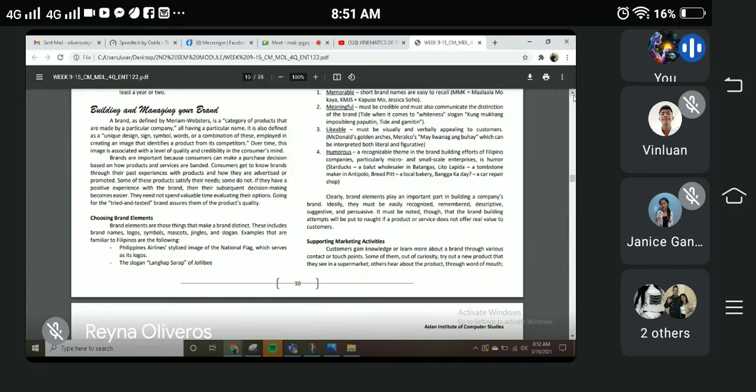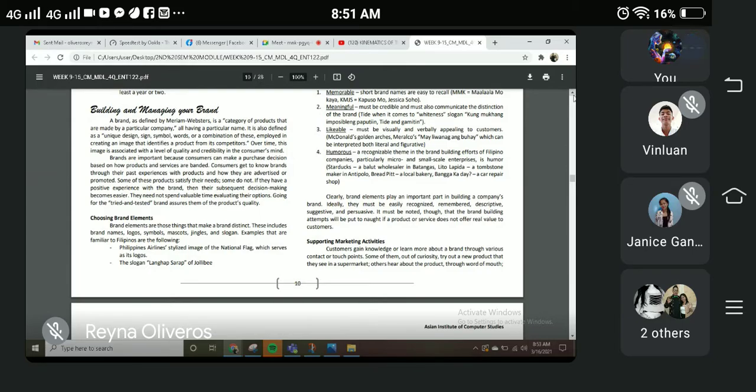So over time, yung image na to will be associated with different levels and quality, and its credibility with your consumers. So, brands are important because consumers can make a purchase decision based on how products and services are branded. 'Di ba? So, napakahalaga nun para sa mga consumer kasi nagpa-purchase sila based doon sa products at saka sa services na meron ka.